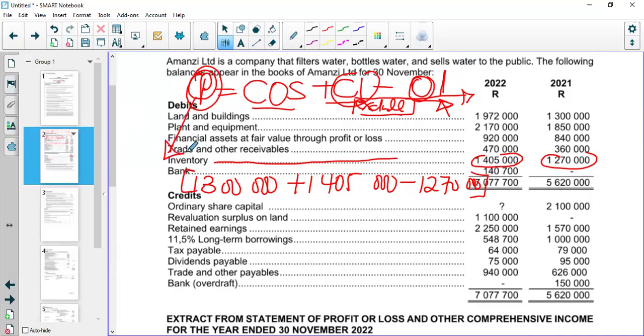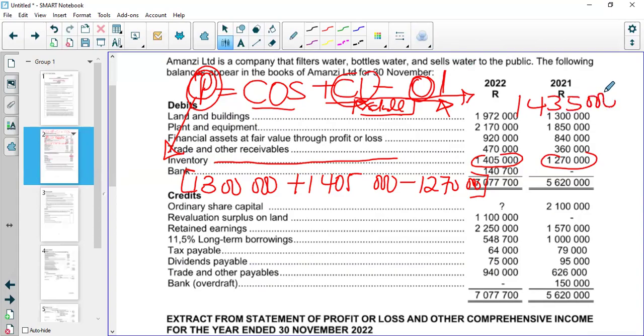Now, this is not the cash paid for the purchases. This is the total purchases. So I don't use the general ledger, but it's the same thing. So 1,300 plus 1,405 minus 1,270, my purchases is going to be equal to 1,435.